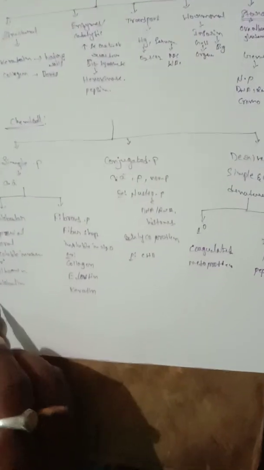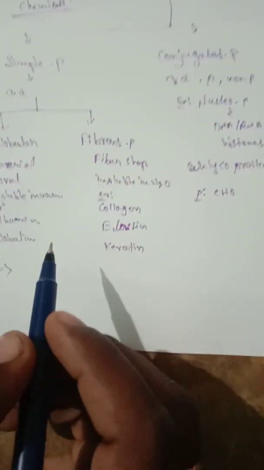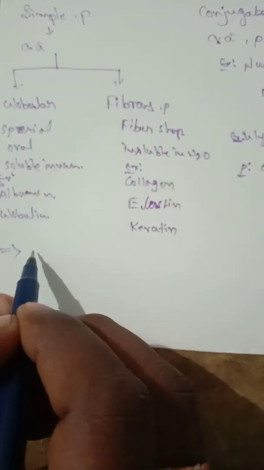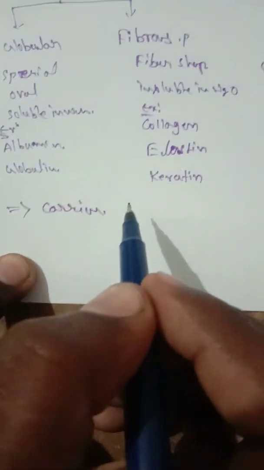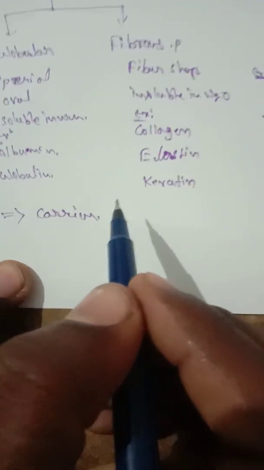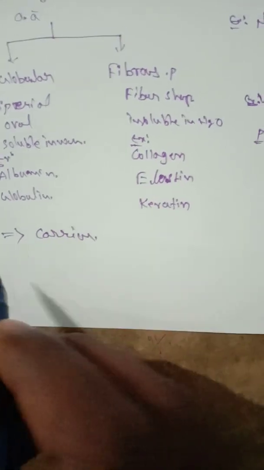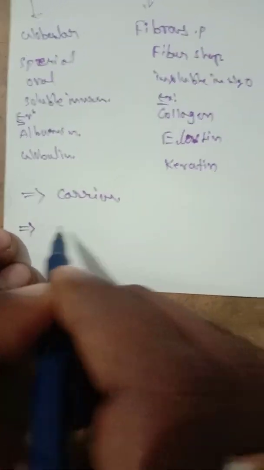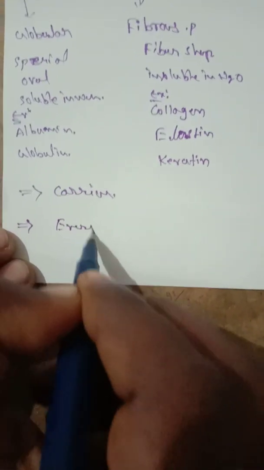The next one, what are the functions of proteins? The next one, function. It acts as a carrier, mainly involved in the transportation of one chemical, one compound from one place to another place. The next one, it gives energy to our body.